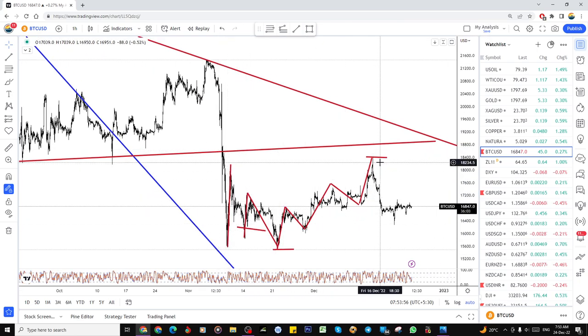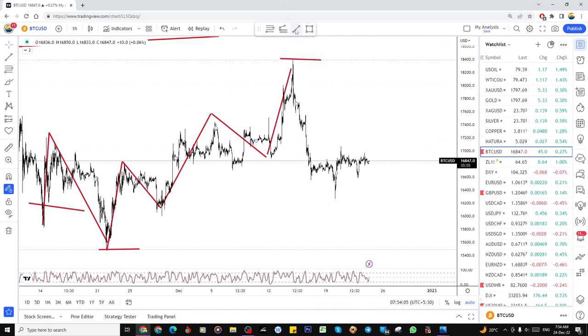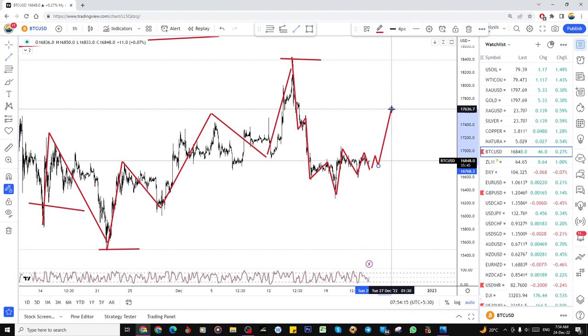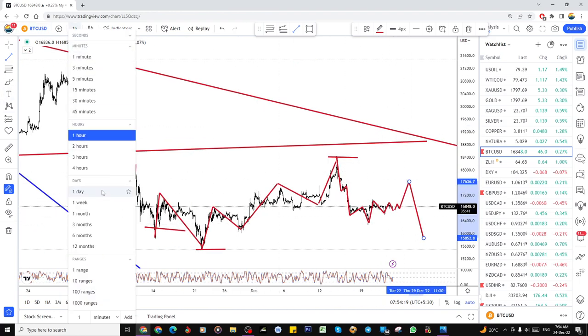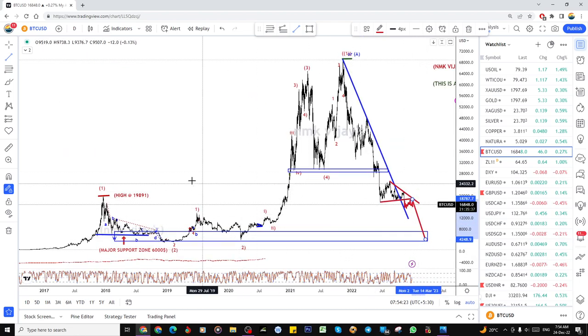So A B C, one correction has got completed. After this, look at this one, it's looking like 1 2 3 4 5. So again there will be a correction. It will keep on doing like this, draining, and then it will come to this zone.